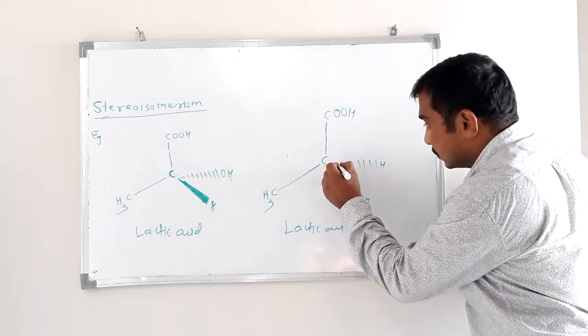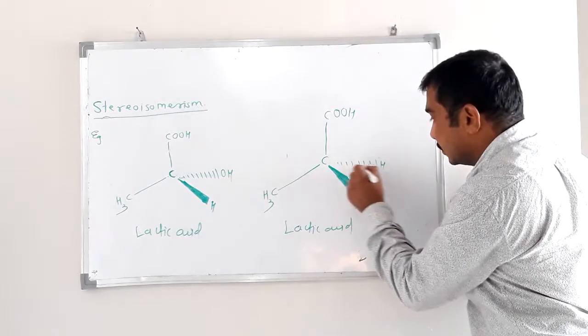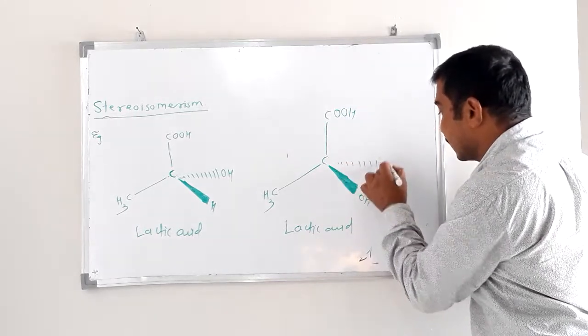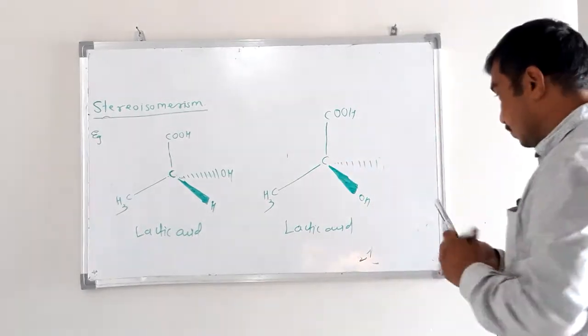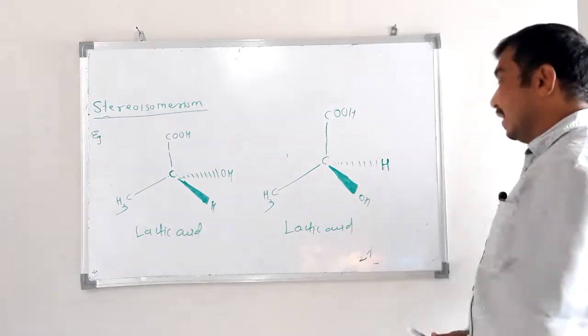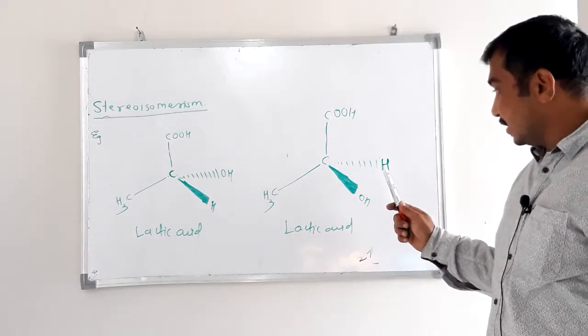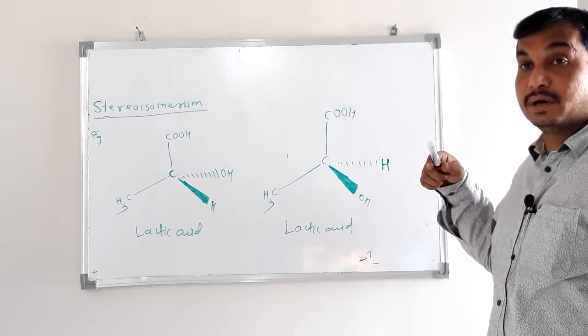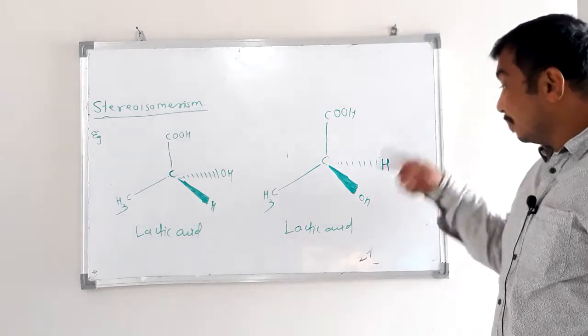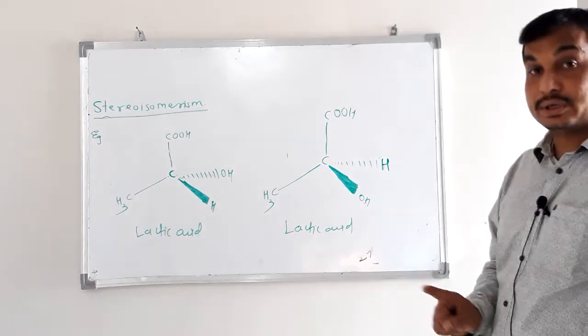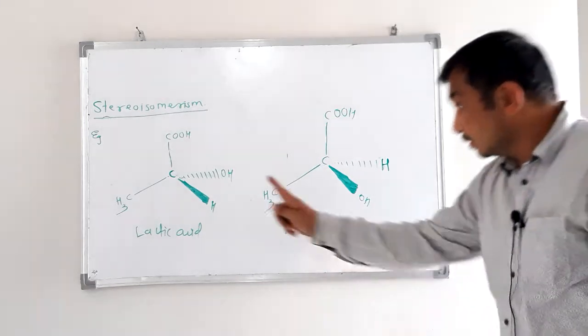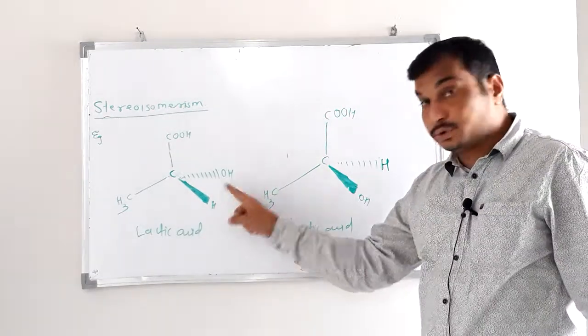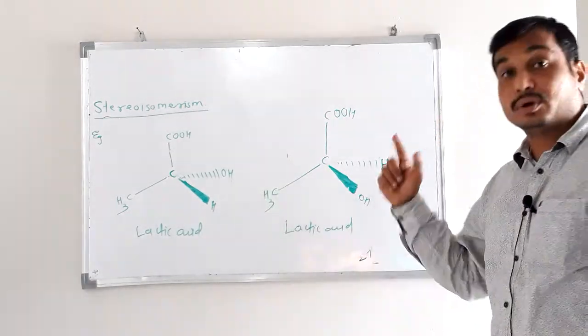Dash bond means the H atom is moving away from the observer on the back side, and the OH group is coming toward the observer from the front side. This is the only difference. Here the OH group is on the back side, here the OH group is on the front side.